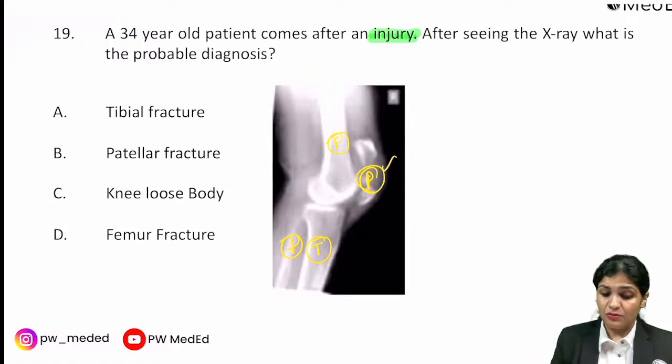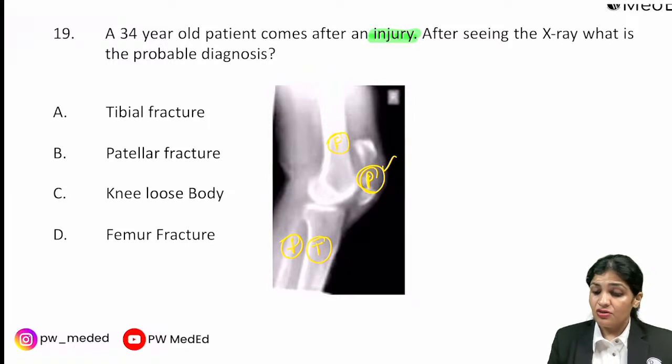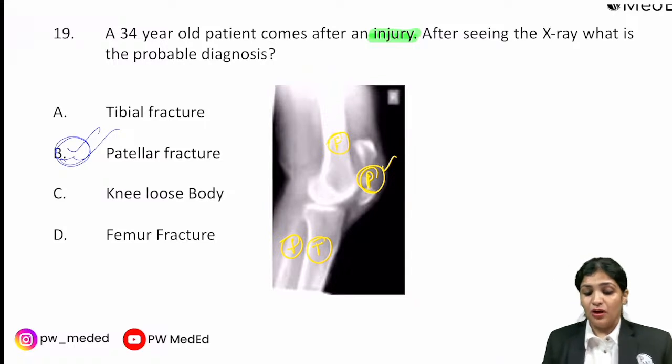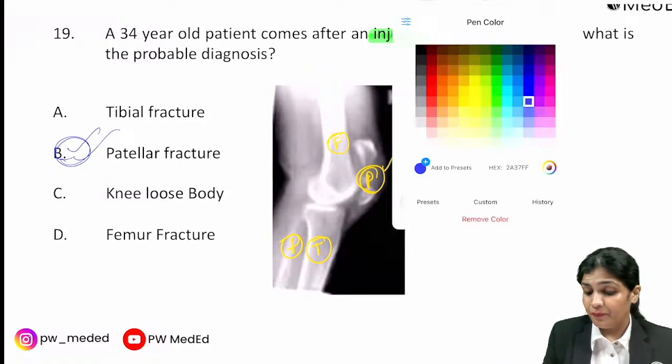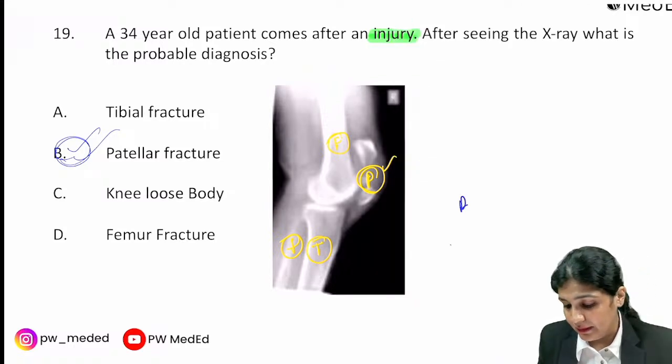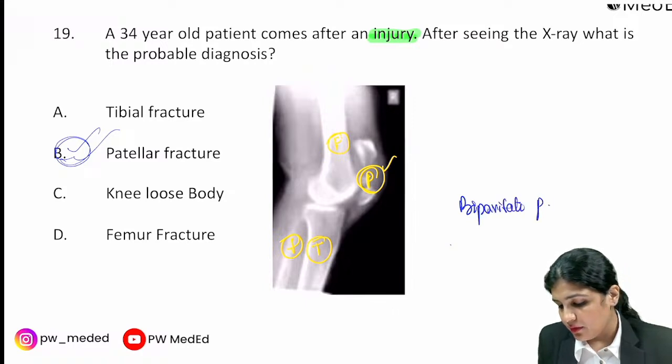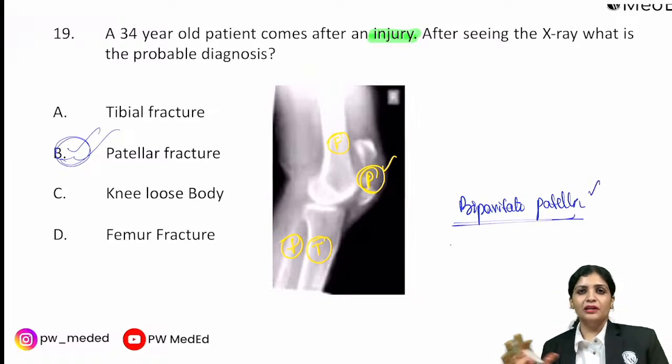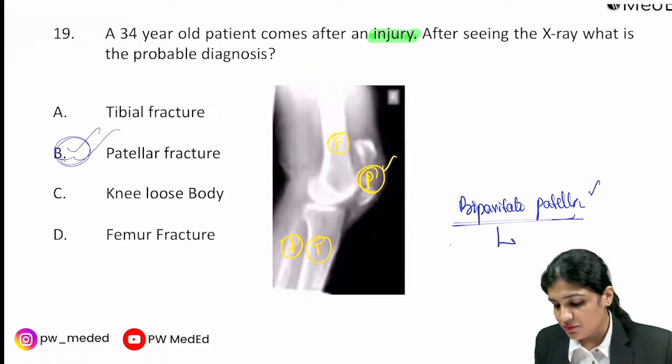So here this is a very easy, simple question. So directly you will mark this as your patella fracture. But sometimes you have to be careful with the bipartite patellae. So there are two patellae present, and this can be confused with a patella fracture. So for this, how to diagnose it?